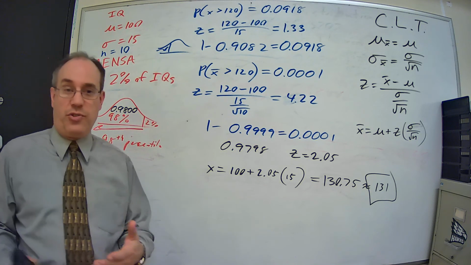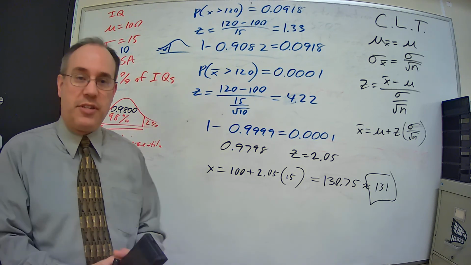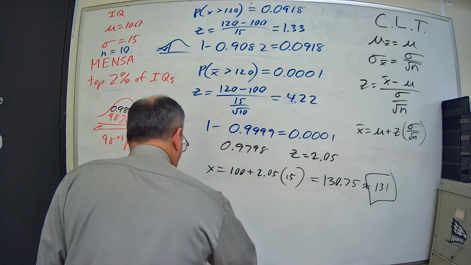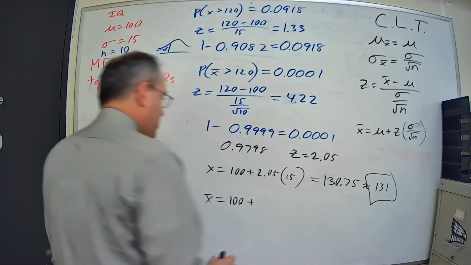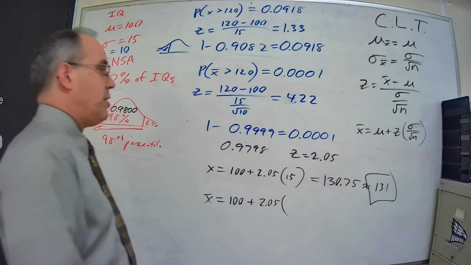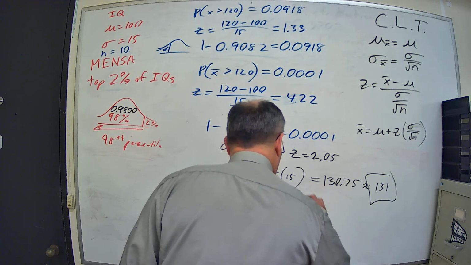Obviously, there could be individuals in that group that do not, but you could have certain ones that compensate for that. So in that case, we're looking at x bar is equal to 100 plus z, 2.05, times sigma, 15, over the square root of 10.